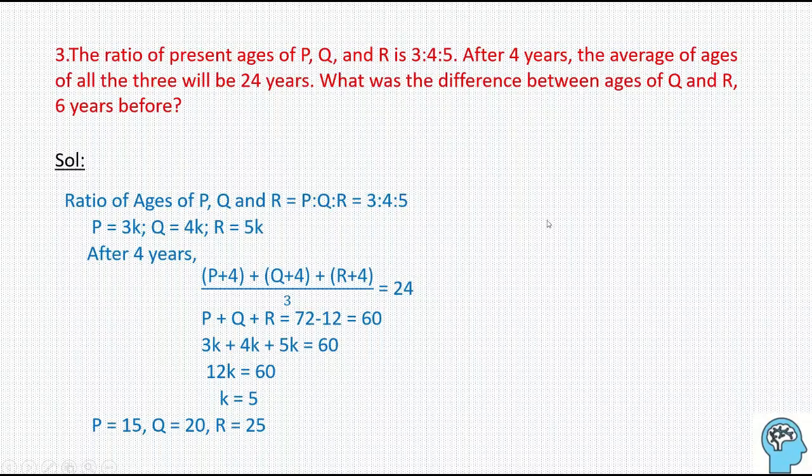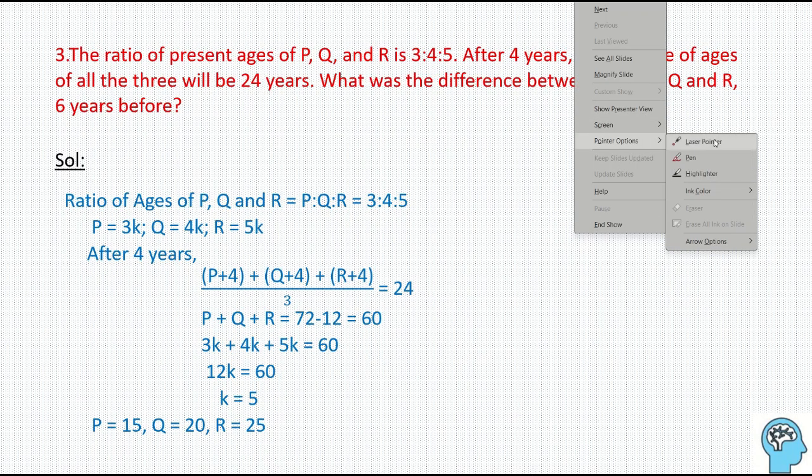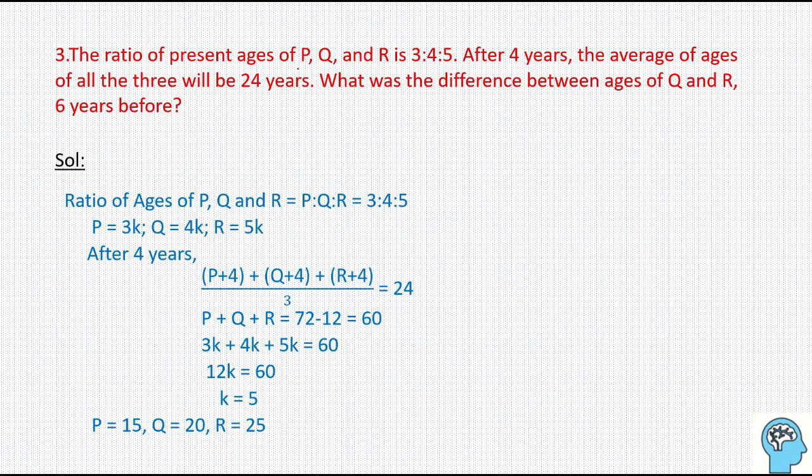So let's see the third problem. This is a bit tricky because it involves ratios, and that too P is to Q is to R, that means 3 ratios. Let me read out the problem statement. The ratio of present ages of P, Q and R is 3 is to 4 is to 5. After 4 years, the average of ages of all the three will be 24 years.